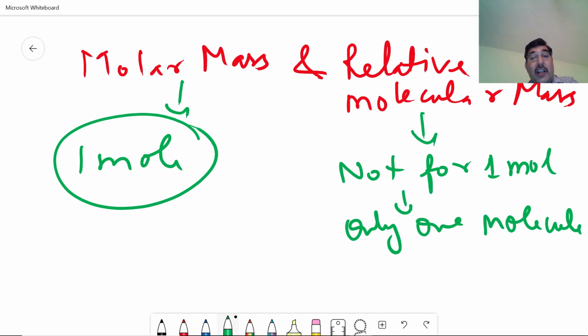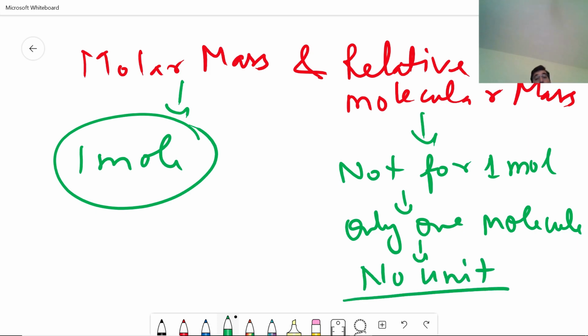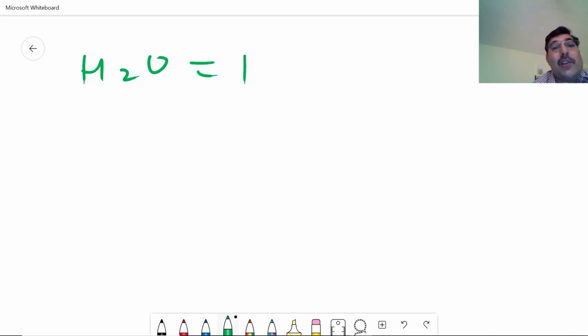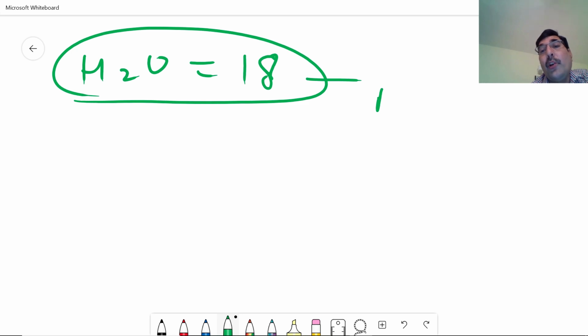It is just relative, so we use no unit in relative molecular mass. If we say H2O relative molecular mass is 18, simply 18, we are saying this only for one molecule, and it is not a molar mass.